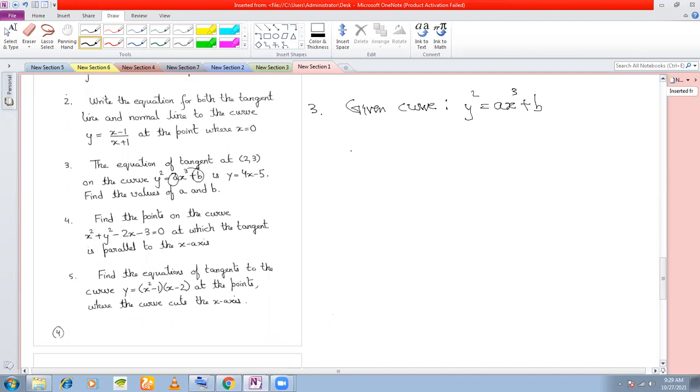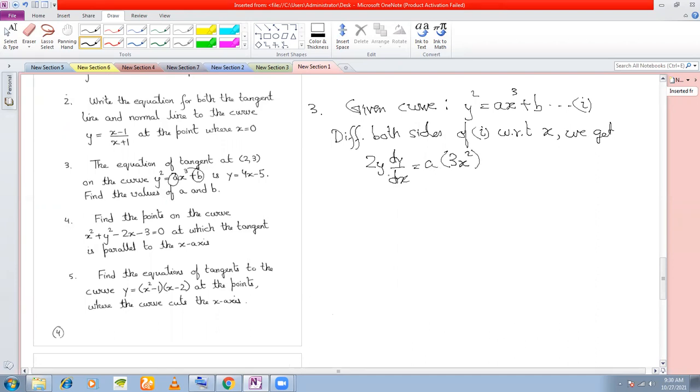Now we shall proceed to find out the equation of the tangent as we do normally. So first we will find out dy dx from the given equation of the curve. Differentiating both sides of 1 with respect to x, we get 2y dy dx is equal to a into 3x square plus 0, right?